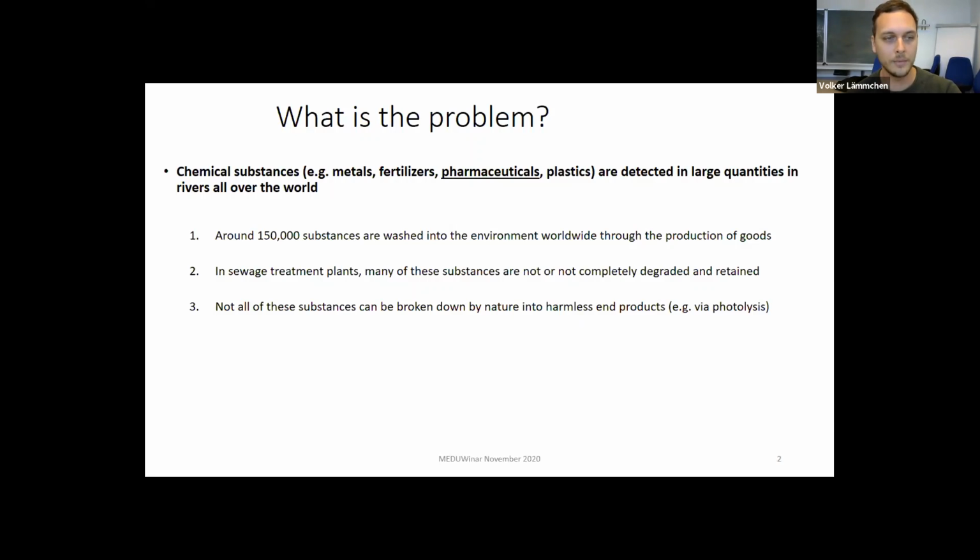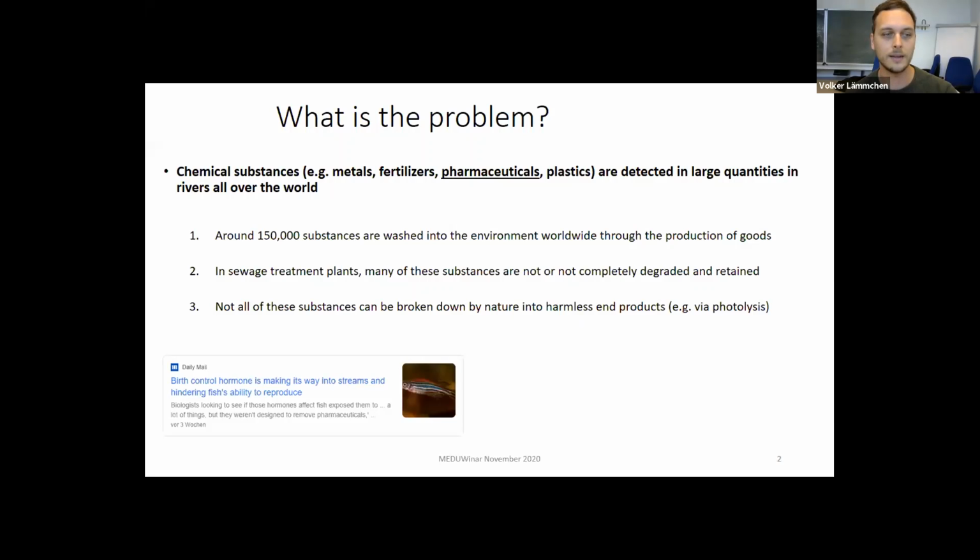And when in the water cycle, from time to time in the media you can see headlines like this one, which I have from the Daily Mail, where they mention the problem of female birth hormones making fish populations mostly female.